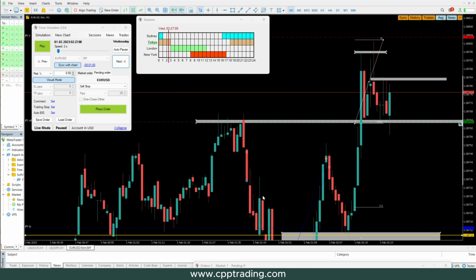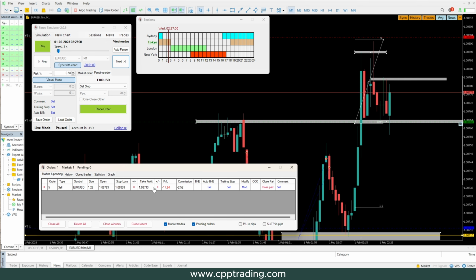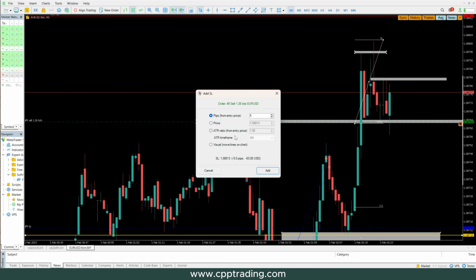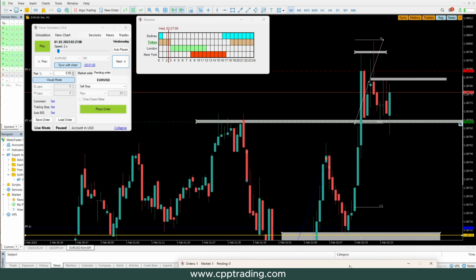Now I can move my stop down. Let's move the stop down here. Add a new stop loss. We'll do our visual mode. Just a couple of pips above here. And again, we are cutting our risk from $50 to about $30.